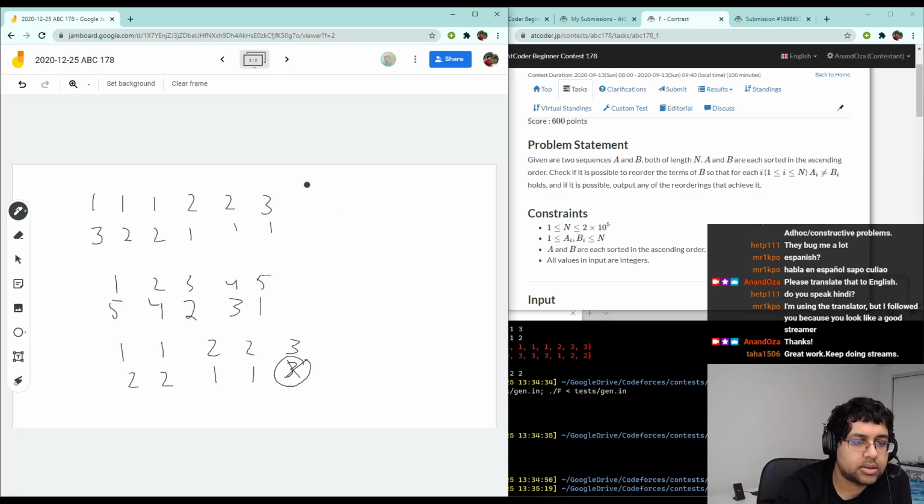So in this example, let's use the counter example that I just wrote out. If you have 1, 2, 3 and 3, 4, 5, the common element here would be 3.